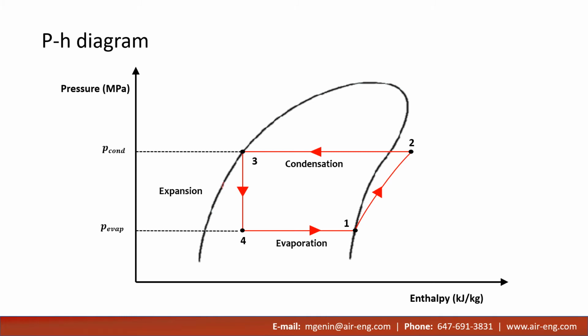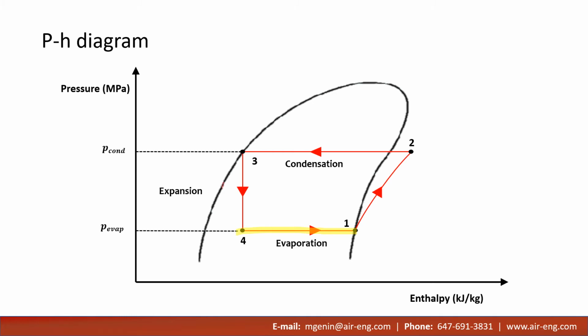The evaporation of the refrigerant happens from point 4 to point 1. This is where the cooling effect occurs. Heat, or enthalpy, is added to the system, and the energy is being used to evaporate the refrigerant from a liquid to a gas.